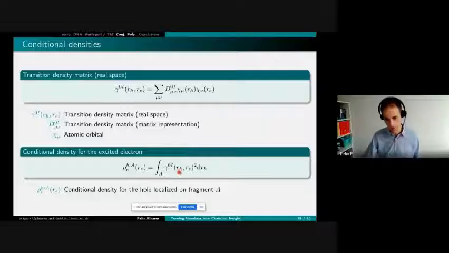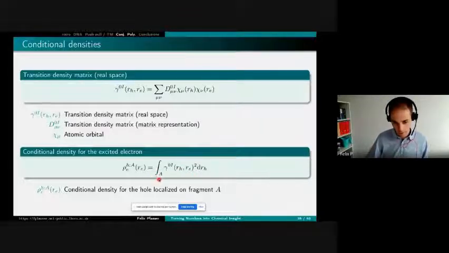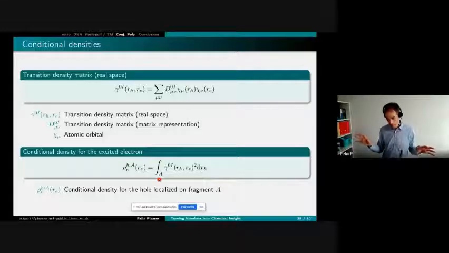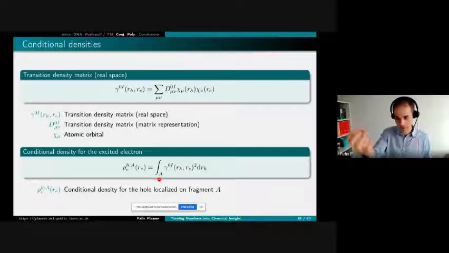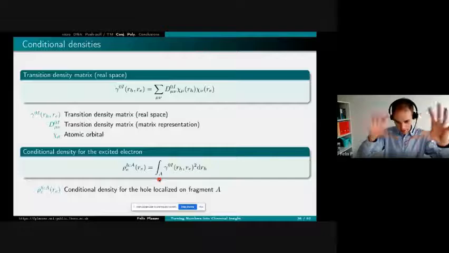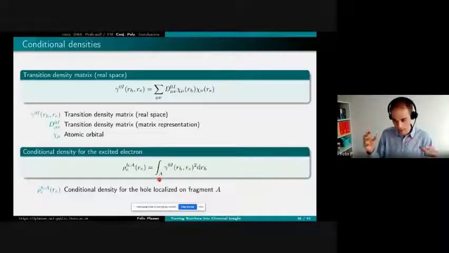But now if we constrain the position of the hole to one fragment of our system, then we get a conditional density. If we probe different fragments of our system, we can see how the electron density adjusts conditionally upon where the hole is on the system.